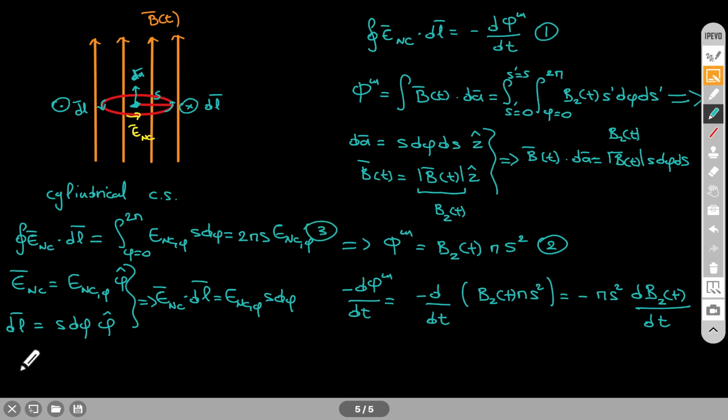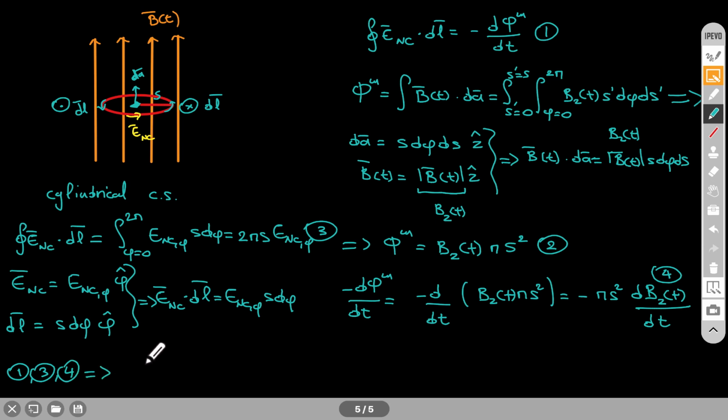And then if we combine equations 1, 2, and 3, no, not 2. Actually, let's call this equation 4 then. So it will be 1, 3, and 4.